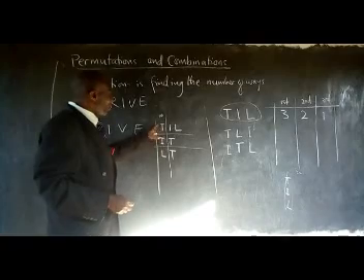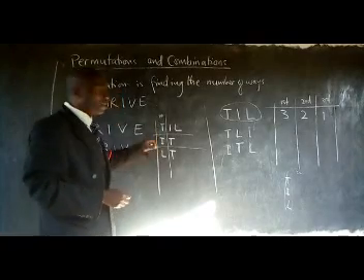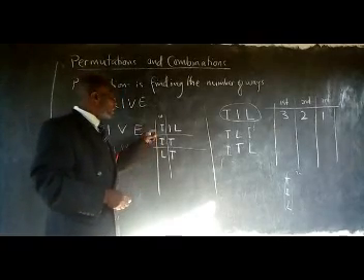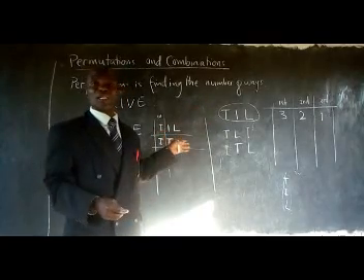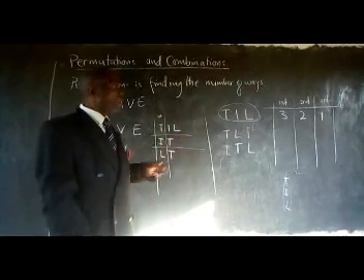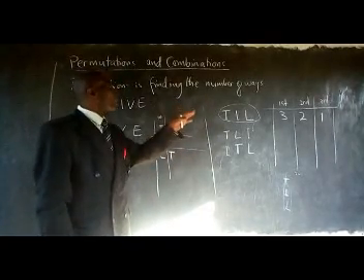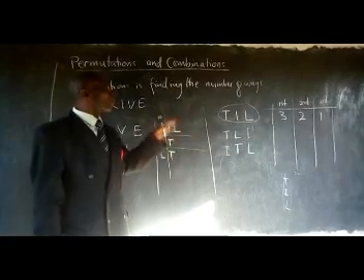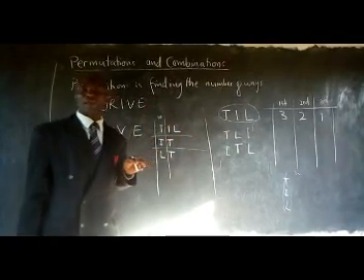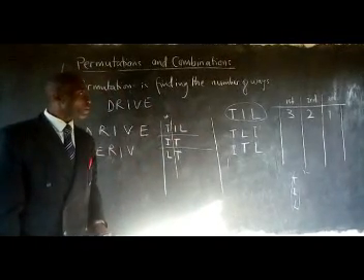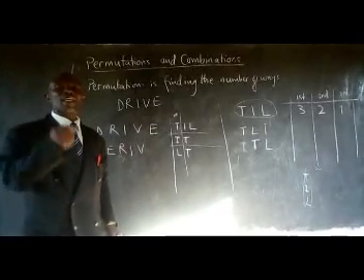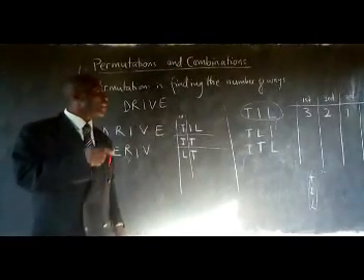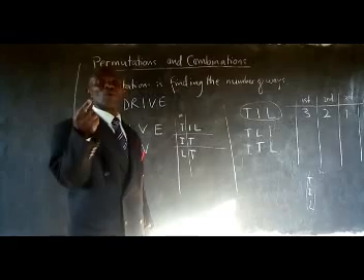So on the first one, there are 3 possibilities. On the second, we have 2 possibilities because the first is already chosen. And after choosing the second, it means we have already 6 possibilities. And after choosing the 6, the third letter will require only 1.